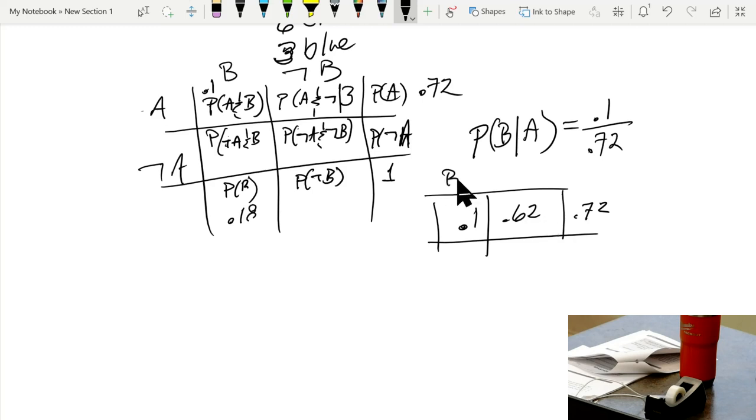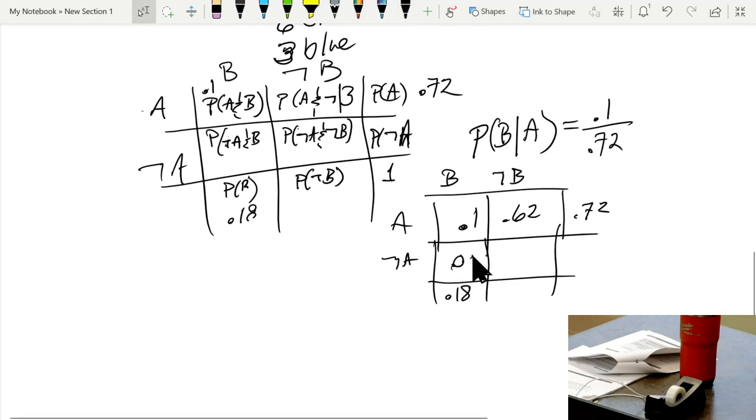So this is B and not B, and we're in A. Probability of not A, and the probability of B is 0.18. What's the probability of not A and B? Here's the total. That plus that have to equal 0.18. So that's 0.08. This all has to add to 1.